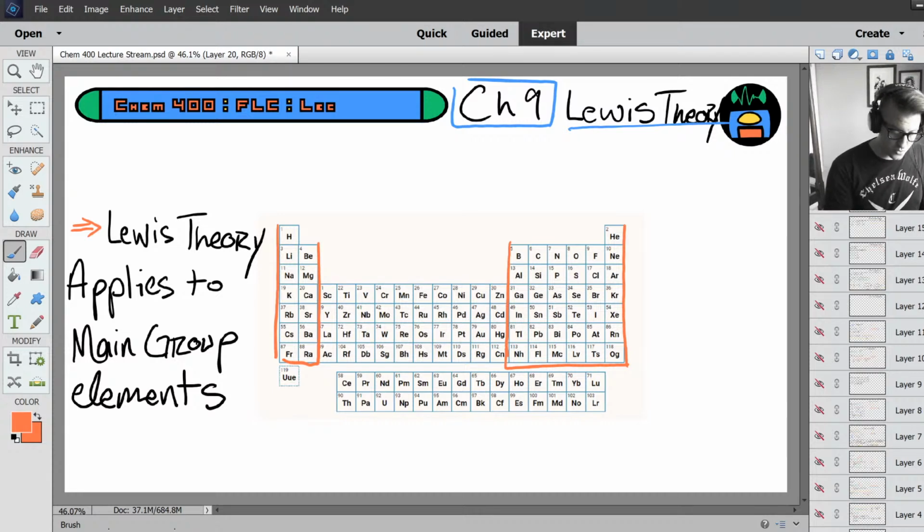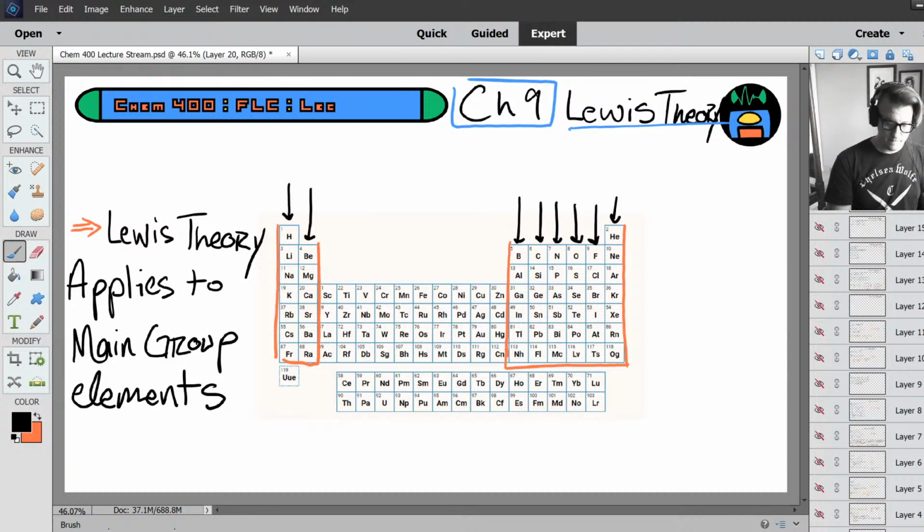And when you do, you can figure out how many dots will be in the Lewis structure by counting your way over and through the main group, with the only exception to this being helium.